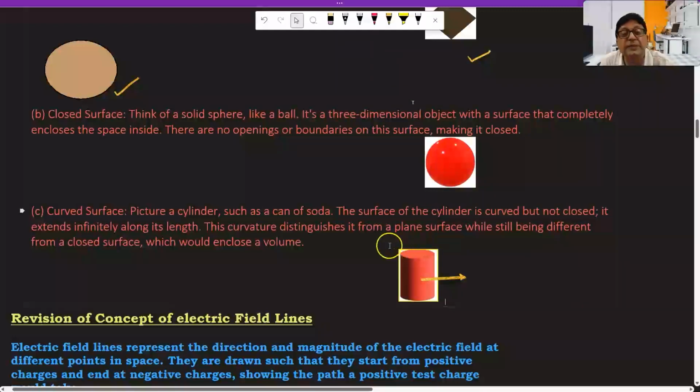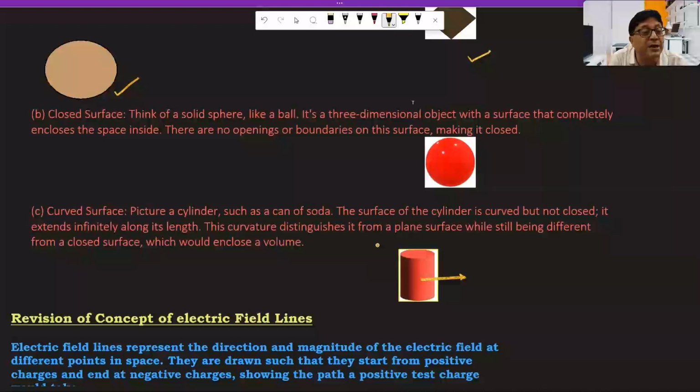Its curvature distinguishes it from a plane surface while still being different from a closed surface. This also can enclose a volume within a finite length.